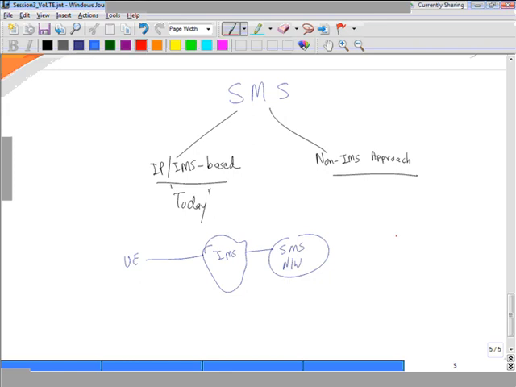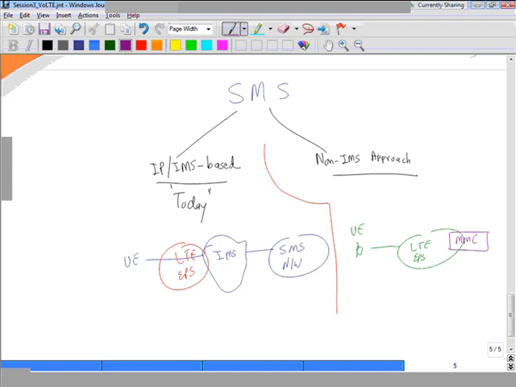In the non-IMS approach, there is LTE, EPS. In the non-IMS solution, our UE just communicates with LTE, EPS, and we have MME talking to the legacy circuit switch technology, could be 1X, GSM, UMTS, whatever, and this is connected to the SMS network.